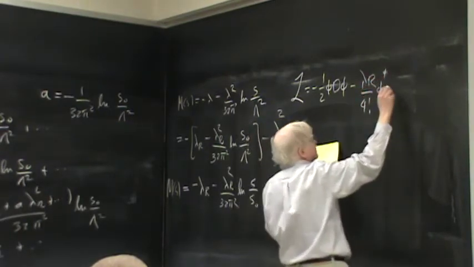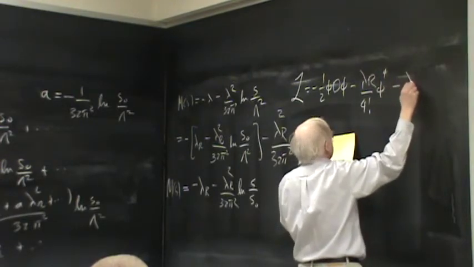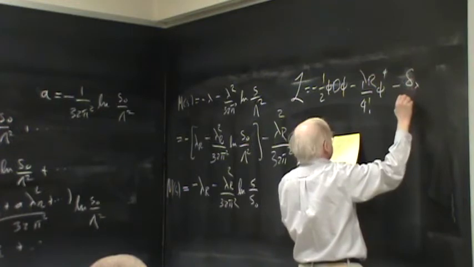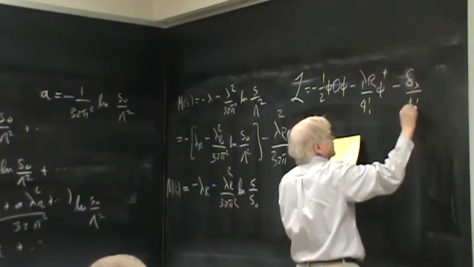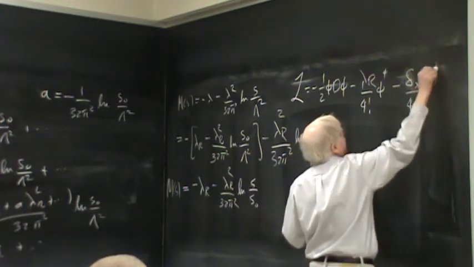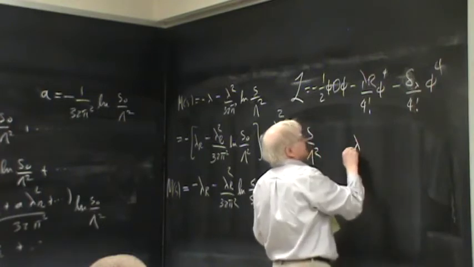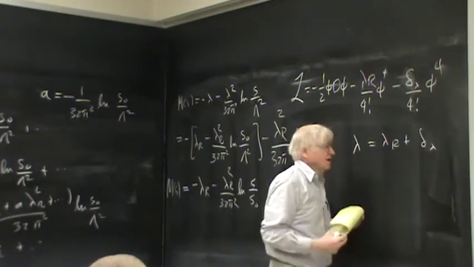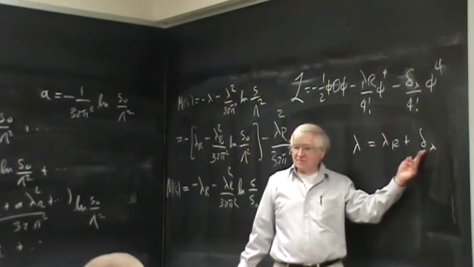Well, there's a typo in my notes. And then we're going to add delta lambda over 4 factorial phi to the fourth. So in other words, lambda is lambda r plus delta lambda. But of course, this delta lambda is going to be infinite.